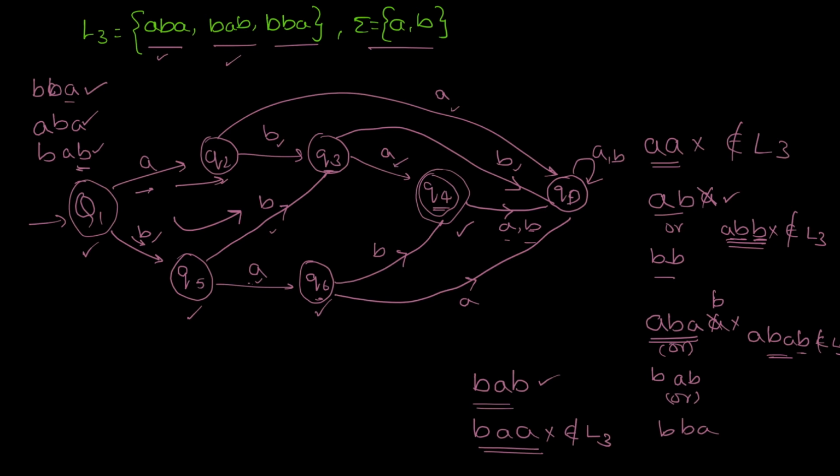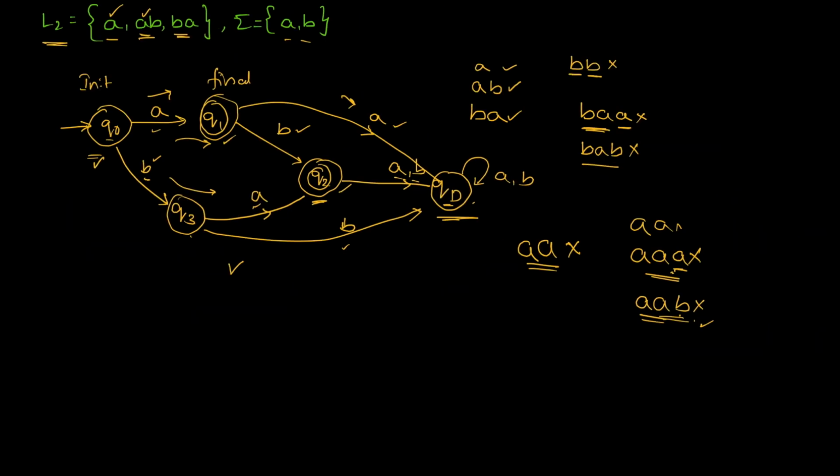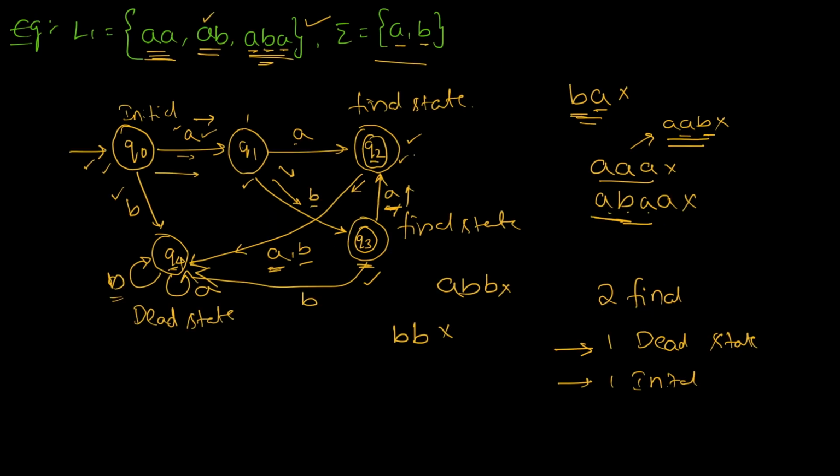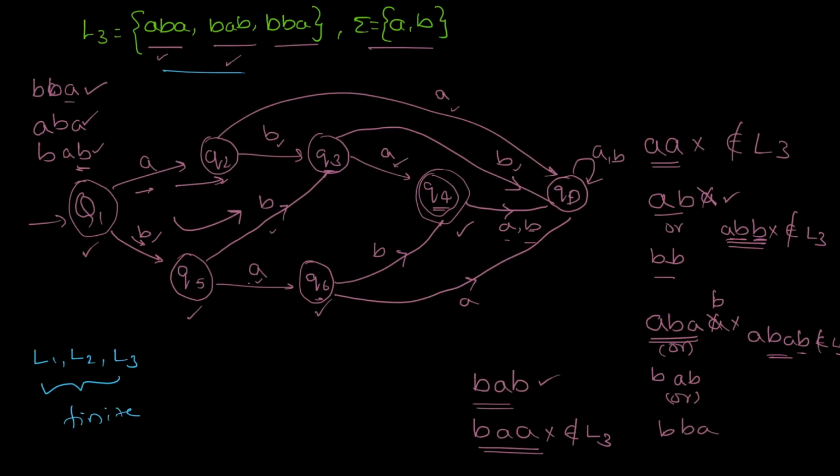The languages which we have seen till now, like L1, L2, L3, if you observe, all these three have a finite number of strings in the language. Like here L3 has three strings, L2 has three strings, L1 also has three strings. So all these are finite.